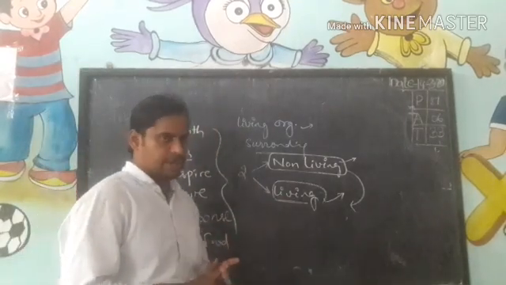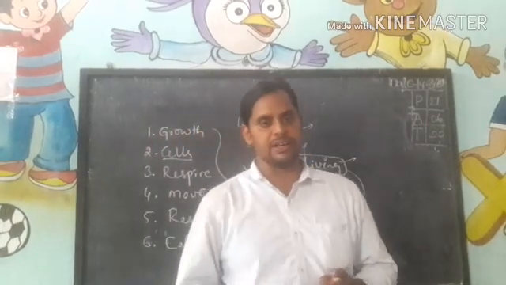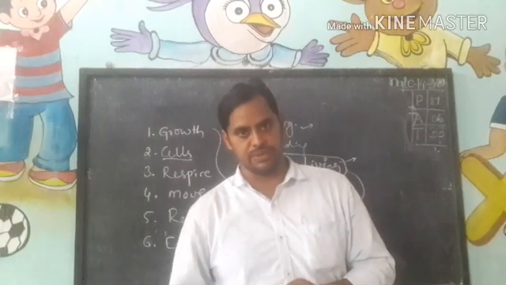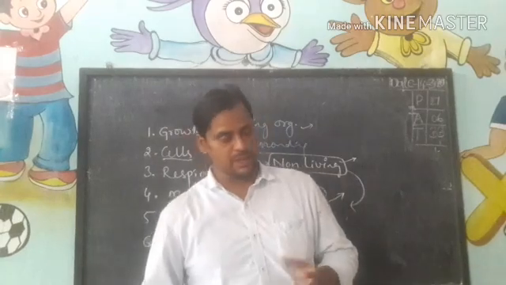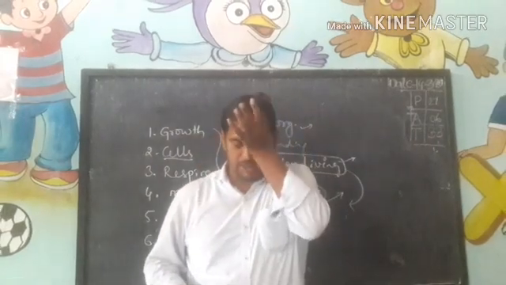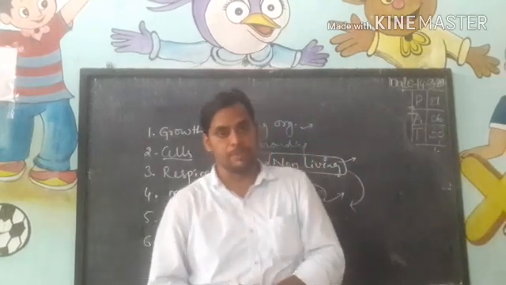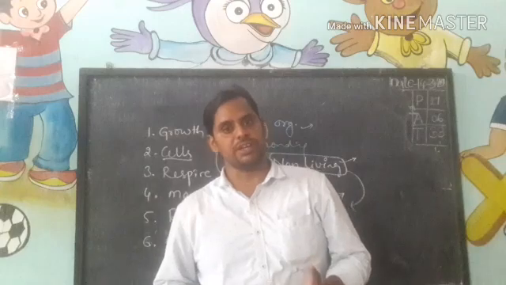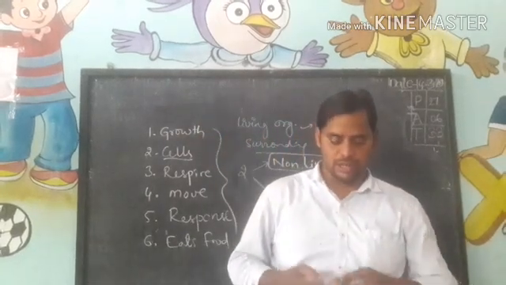For growing we require food. The required food can be obtained in different ways. Taking food is called nutrition. According to the method of taking food, nutrition is of two types. Number one, autotrophic nutrition. Number two, heterotrophic nutrition.